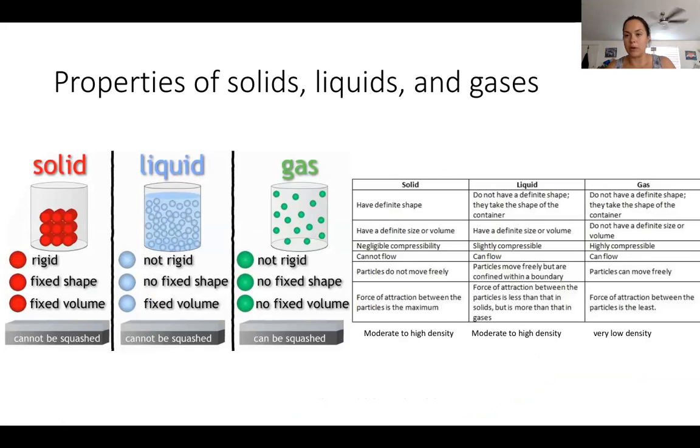If you put water in a round glass, it will assume that round shape. If you put it in a square glass, it will assume that square shape. Gas is also not rigid and doesn't have a fixed shape, but it also doesn't have a fixed volume. So not only will it adapt to whatever shape your container is, but it will spread out to the maximum volume of that container as well.